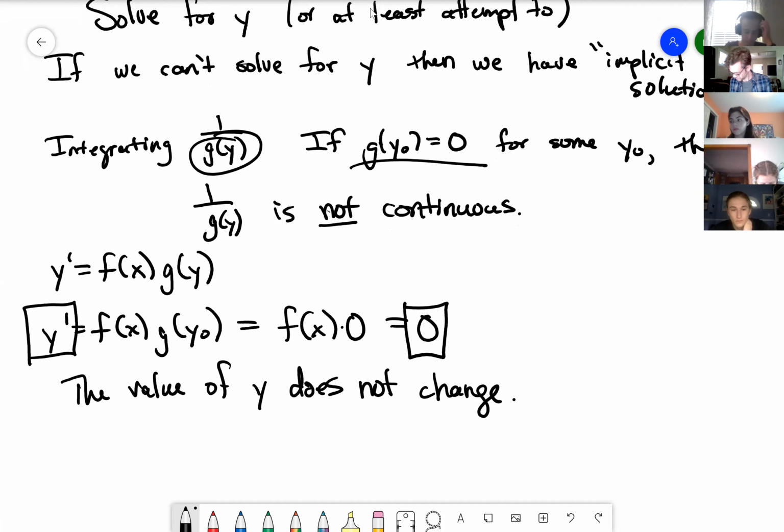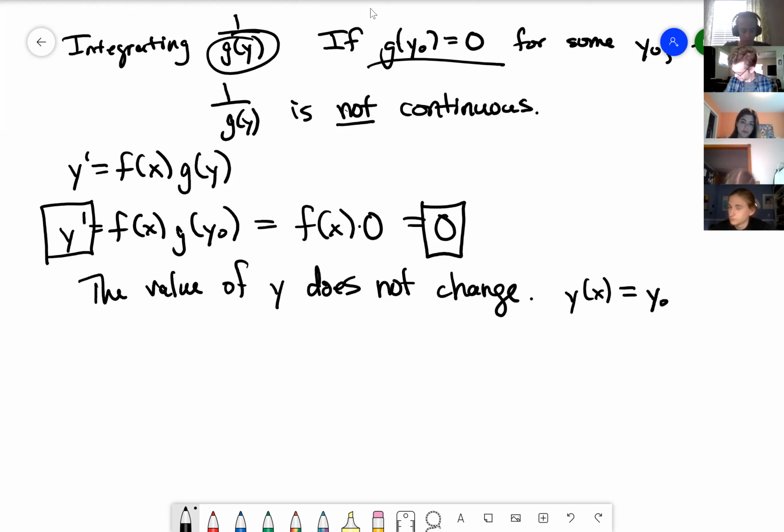In fact, we know what the constant is. The constant is y0. So if this solution passes through this y value y0, I apologize for this tablet, then we know its y value everywhere else because the derivative at that point, the change in the y value, is 0.